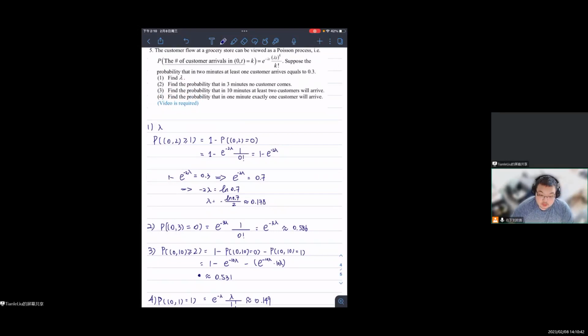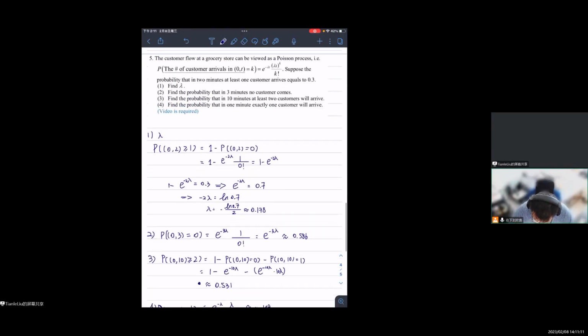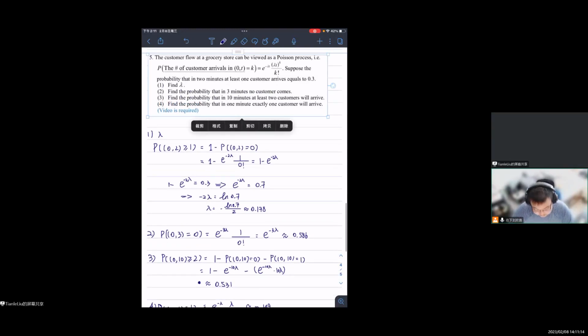Let's see whether there are any clues for this problem to check whether we did it right. I think there's no clue, but for this problem it's quite easy to check: you already have the formula of the Poisson process, so you just need to fill it in and find the output.